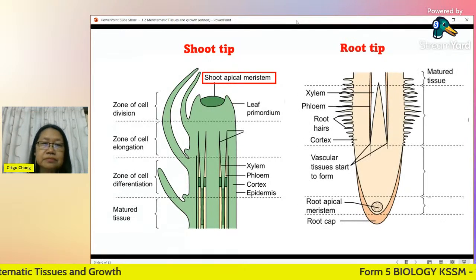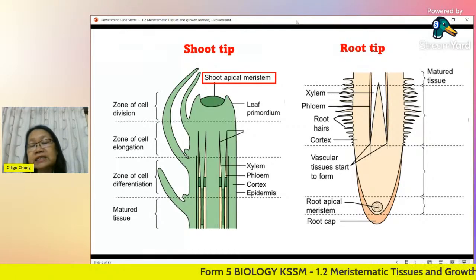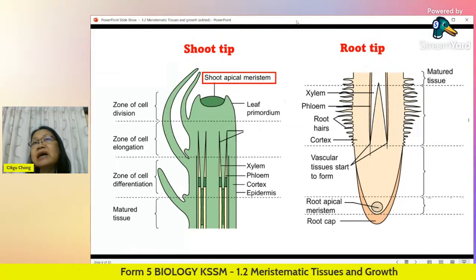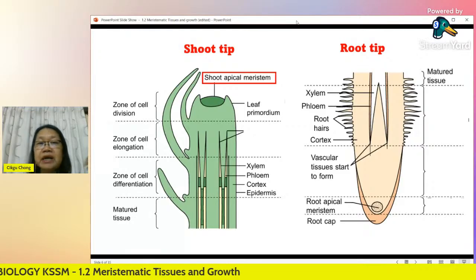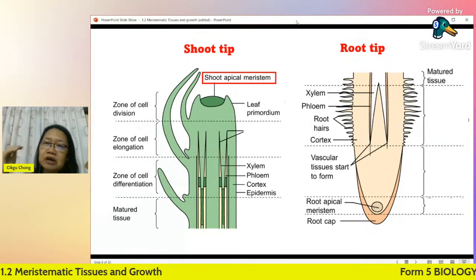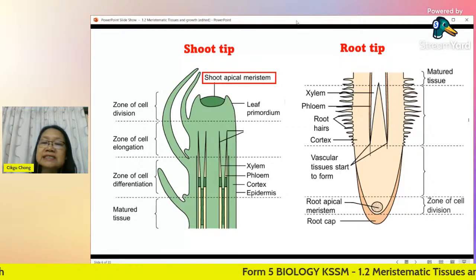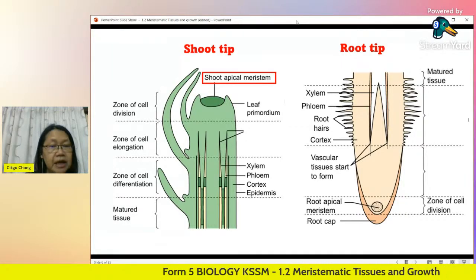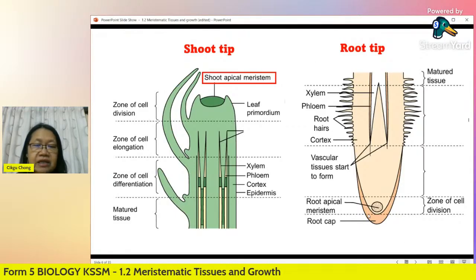Okay, right. Now, what about the root tip? At the root tip, you also have exactly the same three types of zones, but they're in reverse order because you always start from the tip. Therefore, the zone of cell division is always at the tip. But look carefully, it is not right at the very tip.